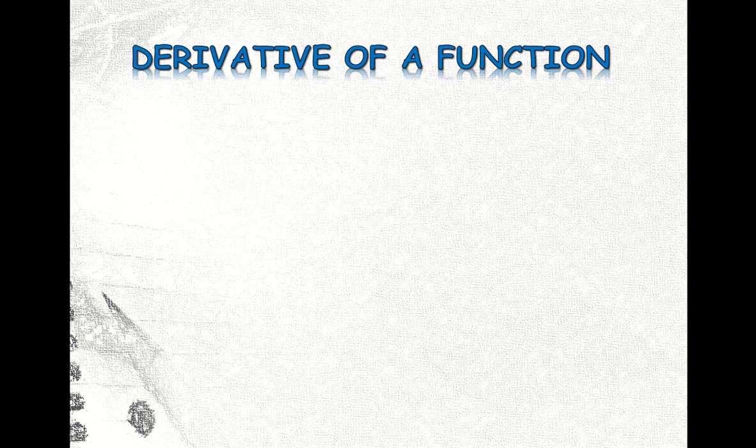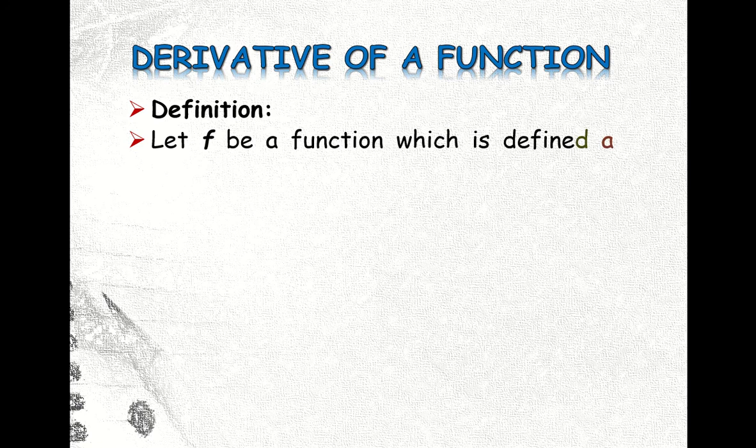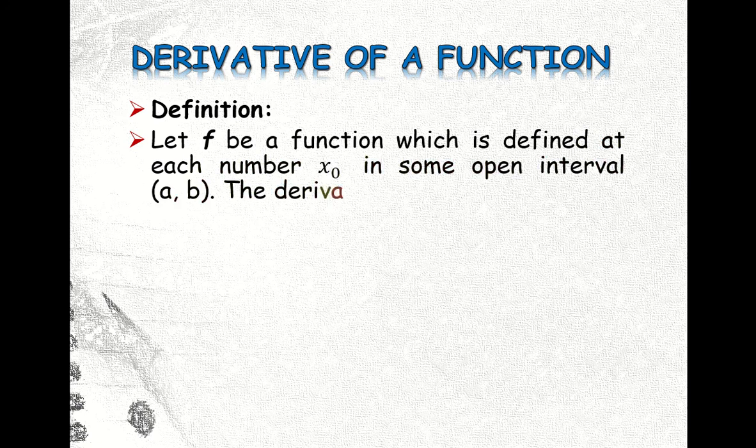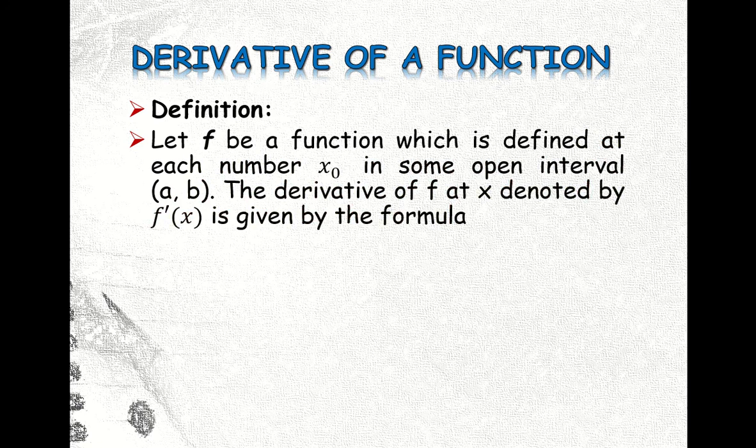So derivative of a function. So let us first have the definition. Let f be a function which is defined at each number x sub 0 in some open interval a, b.